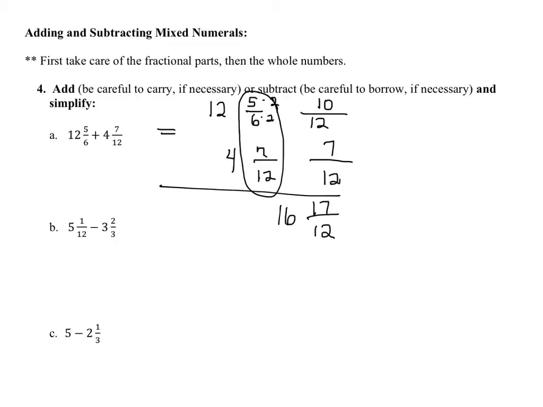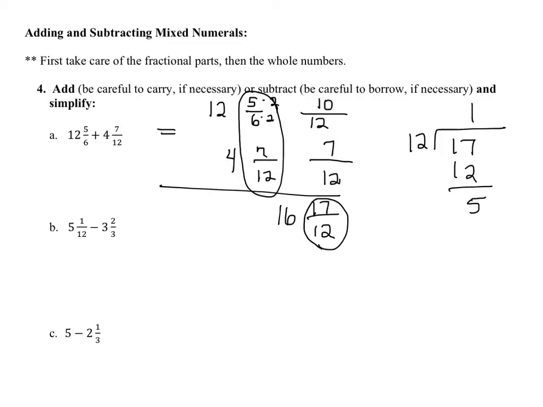So I type that into my Math Lab homework, and they're going to say, although your answer is equivalent, you still have an improper fraction in the problem. So this is what we do. We're going to take 17/12 and change it to a mixed number. So 12 into 17 goes once with 5 left over.